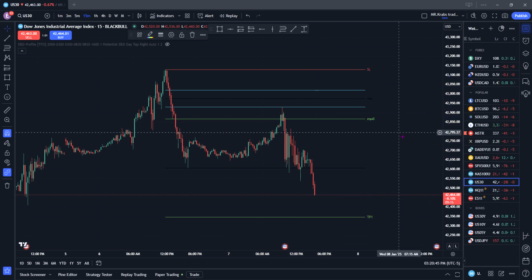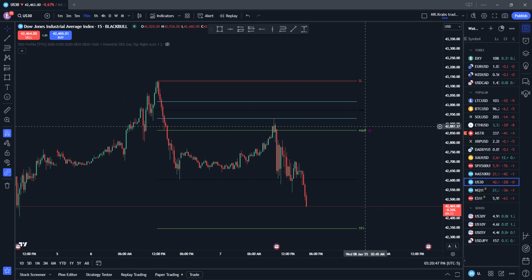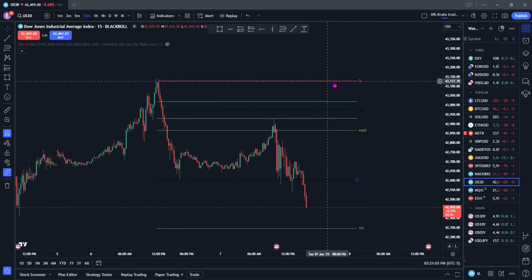Okay, so this is the equal range. This is the equilibrium. Basically, this is the 50% between here, and then OTE, optimal trade entries, right here. So we have the 62%, and then I think 79% right here. And then you typically want to set your stop loss here, but you can enter at 62%, 79%, or the OTE.